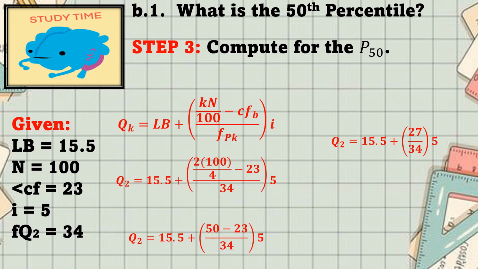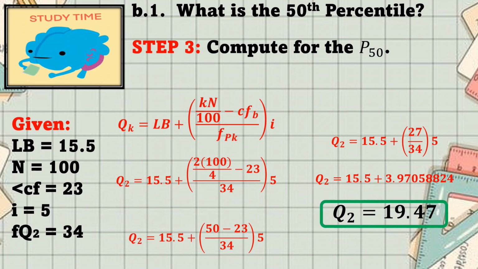Next, we have 15.5 plus 27 divided by 34 times 5. So we have 15.5 plus 3.9705588244. So our Q sub 2 is equal to 19.47.